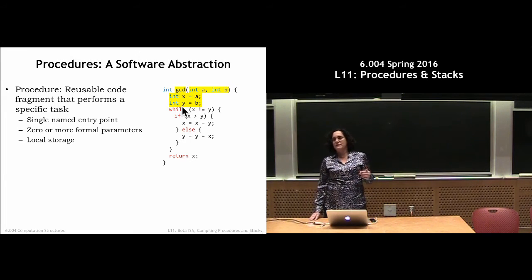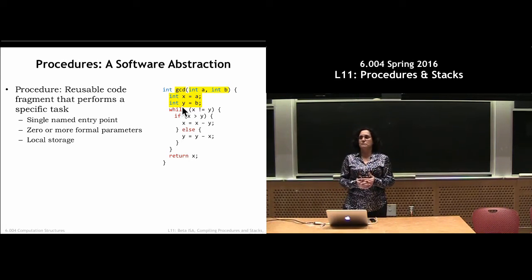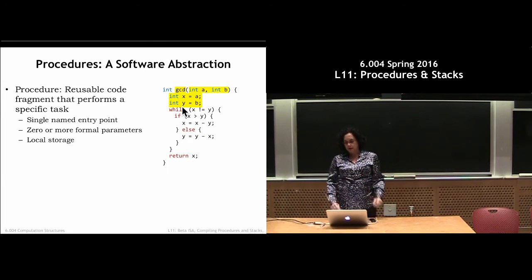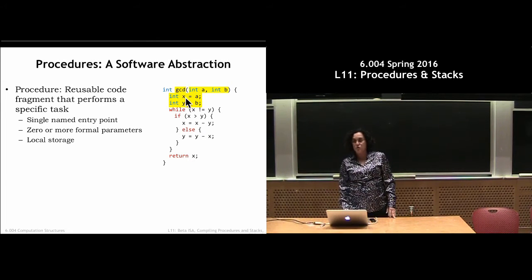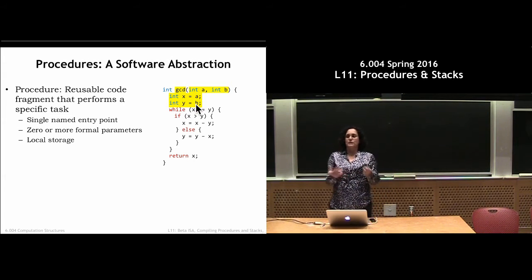But it might be the case that you want to do some kind of intermediate calculations for which you might want to have some extra variables to work with, and so you can define those locally to the procedure itself. And essentially what that translates into is that when you're executing the procedure, you would be allocating some location in memory for these variables, and when you return from this procedure, you deallocate them, and then that memory is no longer used.